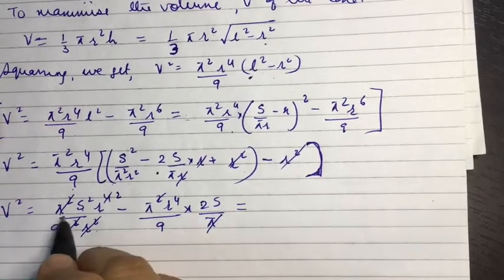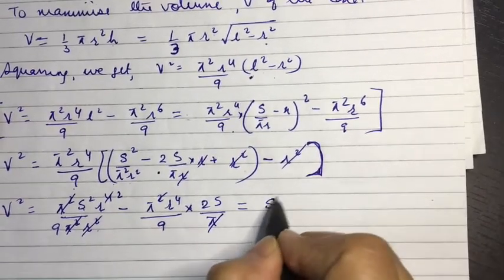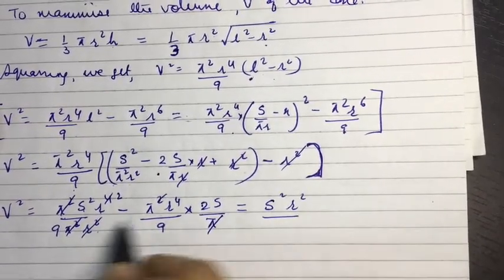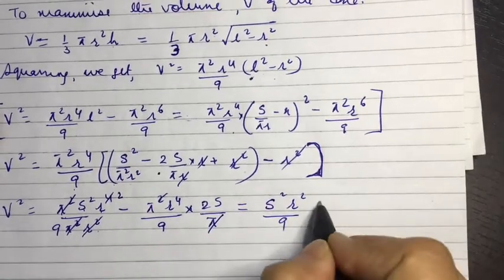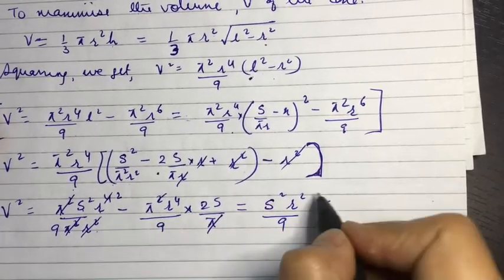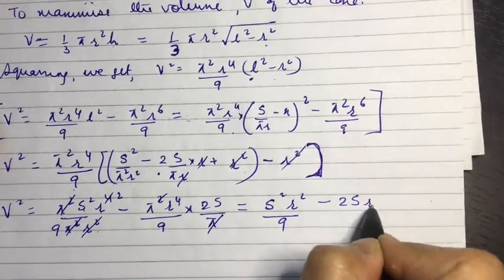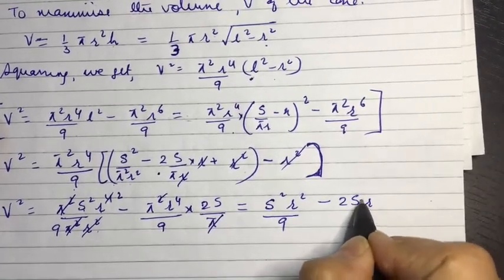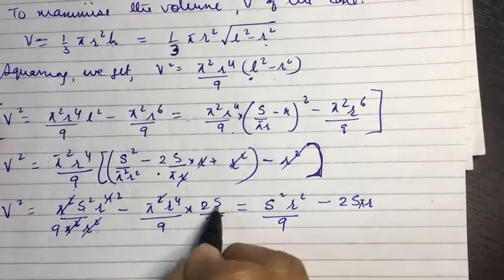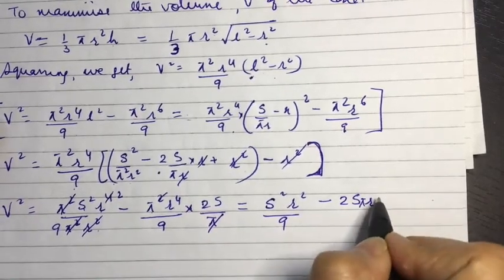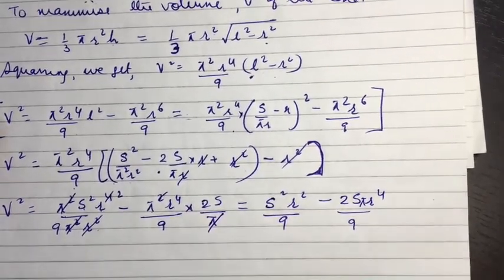So we are left with s square r square over 9 minus 2s pi into r raised to power 4 over 9.